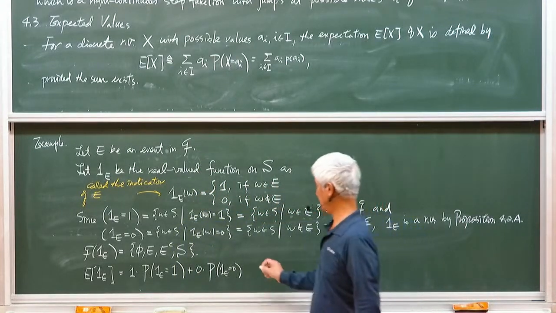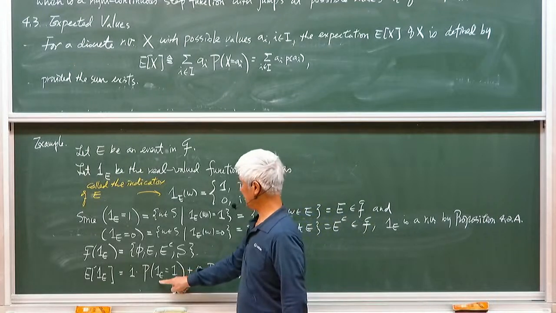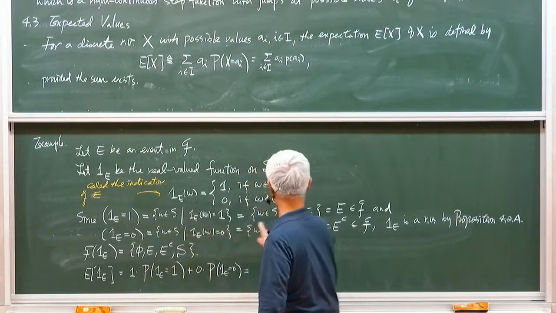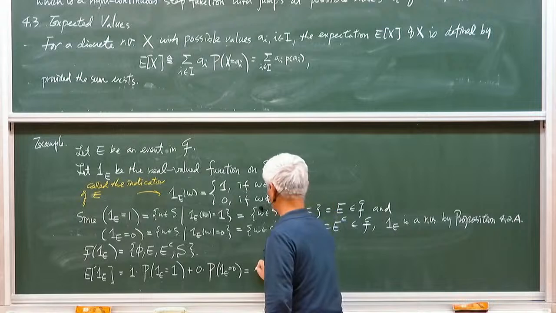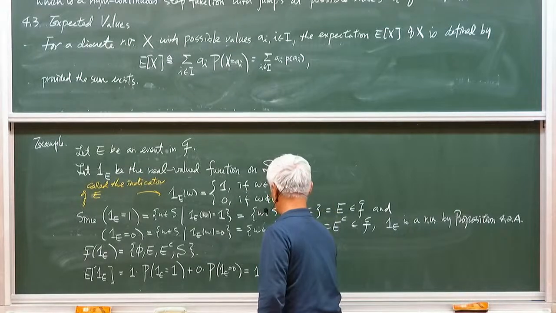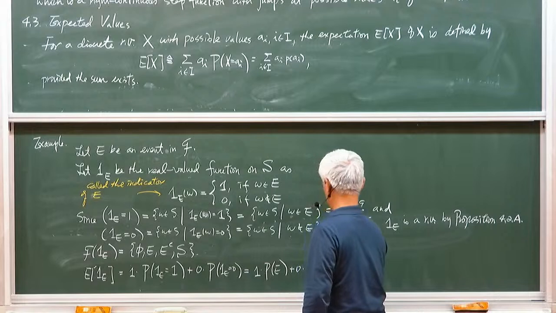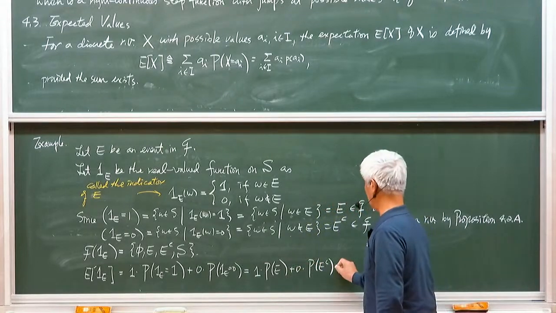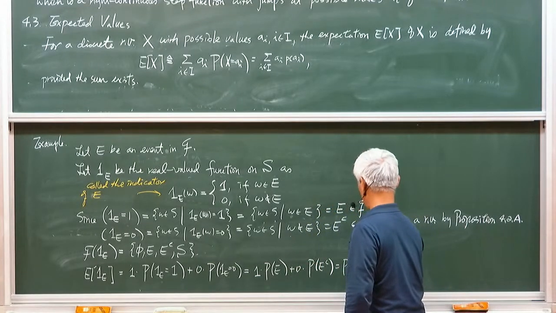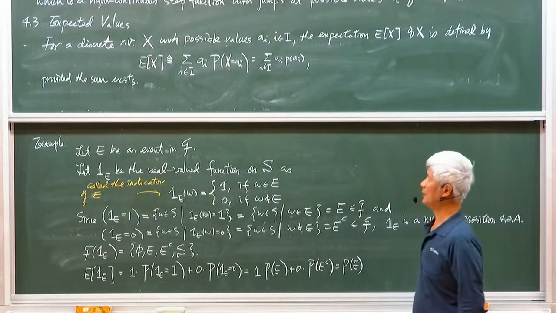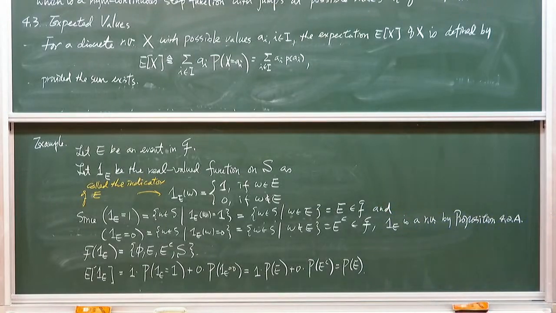But we know the event indicator equal to 1 is equal to E itself. So this is 1 times P(E) plus 0 times P(E complement), and so this is P(E).